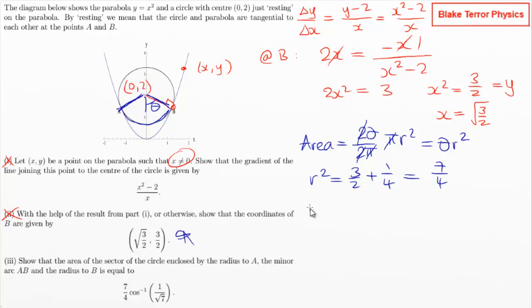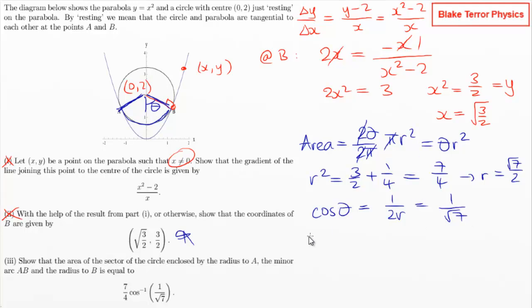And they've gone for cos in the answer. So cos theta is going to be our adjacent, which is a half, divided by r, so 1 over 2r, and r we've got as root 7 over 2, so 2r is root 7, and we just get 1 over root 7 on that.